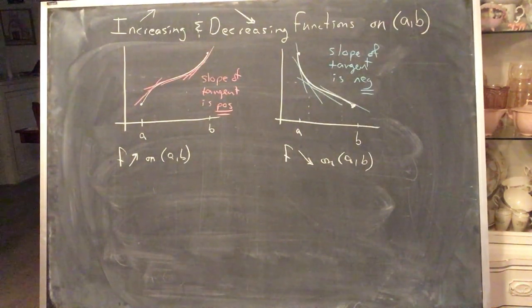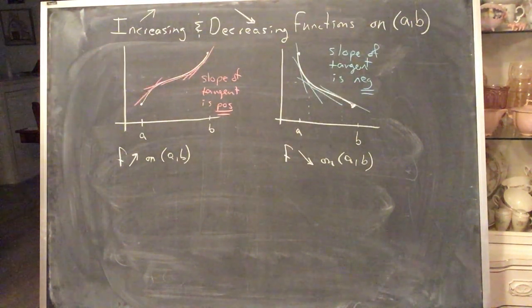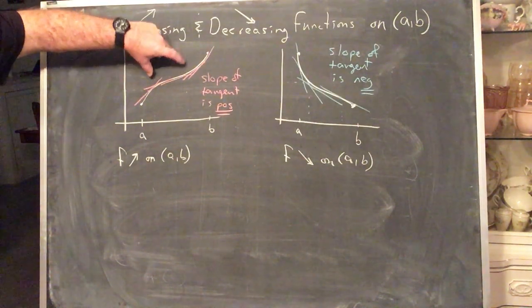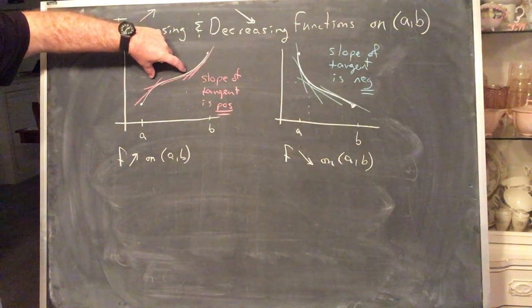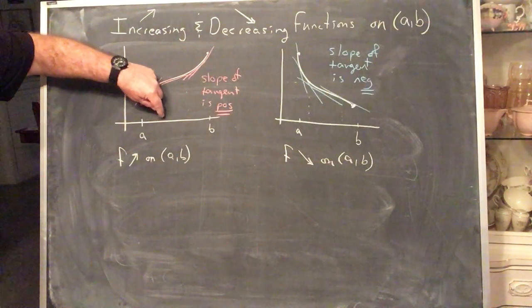And in fact, that is exactly the issue, and this is the tool we're going to be able to use to analyze the increasing and decreasing portions of the function. Remember that slope of the tangent is calculus code for the derivative. And so in each of these scenarios, and whenever the function is increasing, the slope of the tangent is positive. That means the derivative evaluated at any point.